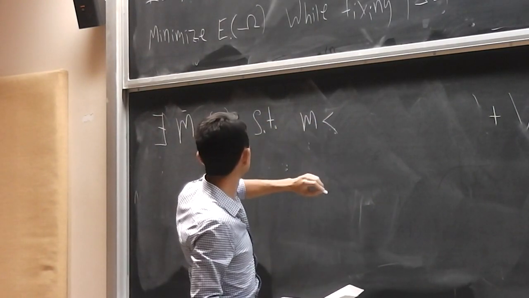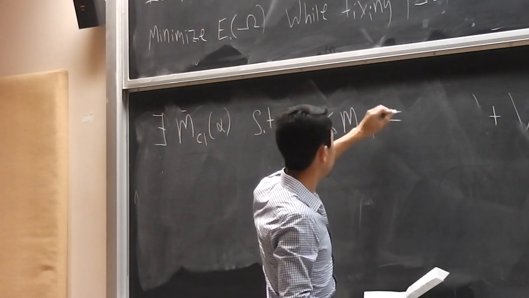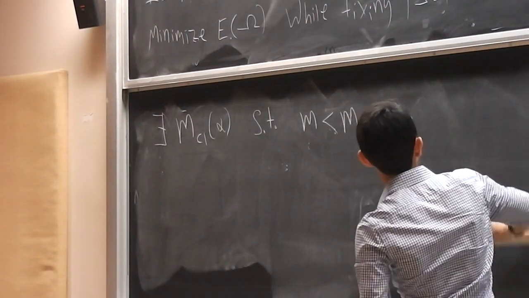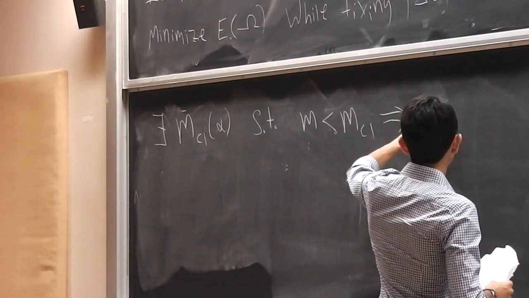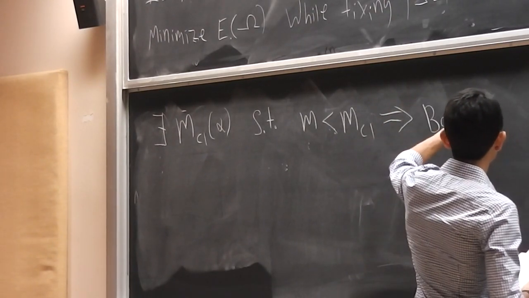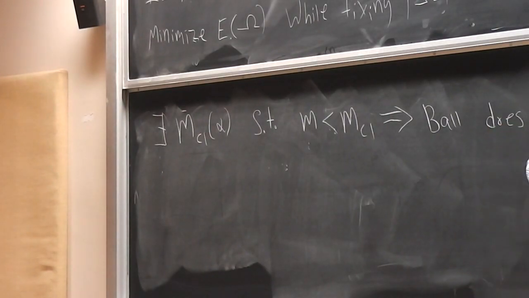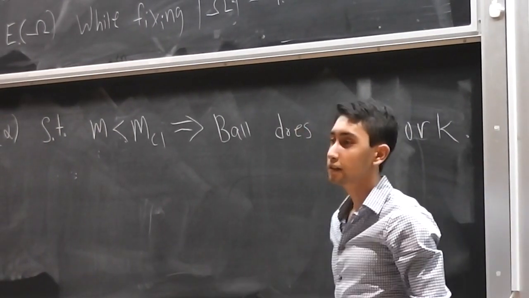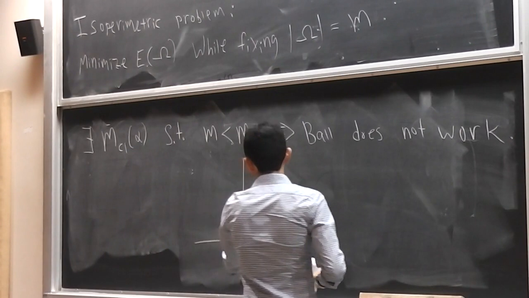So such that for the mass less than MC1, the solution to this problem can't be a ball. So that already gives us a little idea of what the solutions to this problem look like in parameter space.